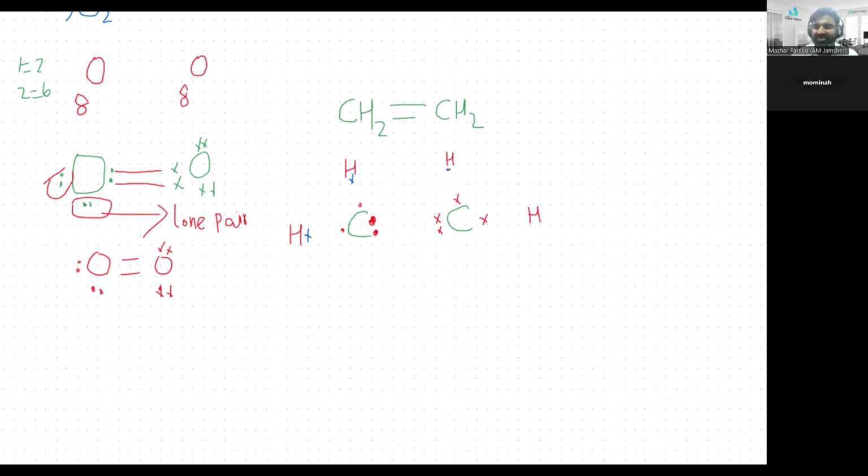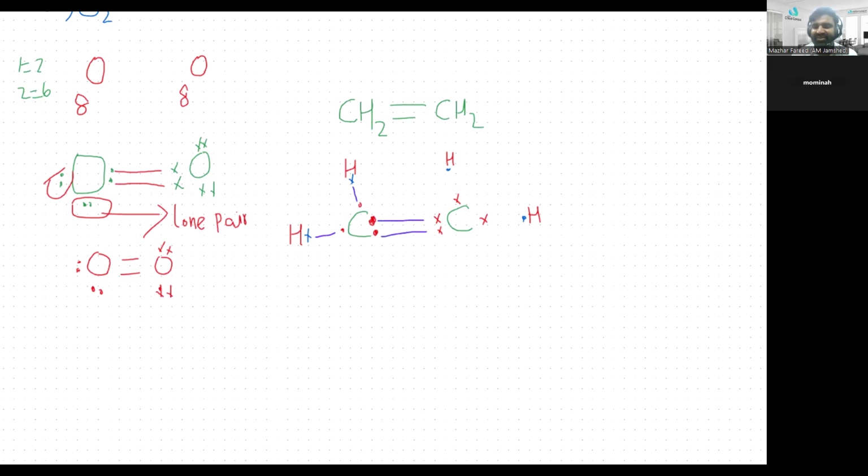So you must write different. When there is a cross, it should be a dot. When you put a dot, it should be a cross. So this mutual sharing takes place with this, and this mutual sharing takes place with this. This mutual sharing will take place with this, and this mutual sharing will take place with this.